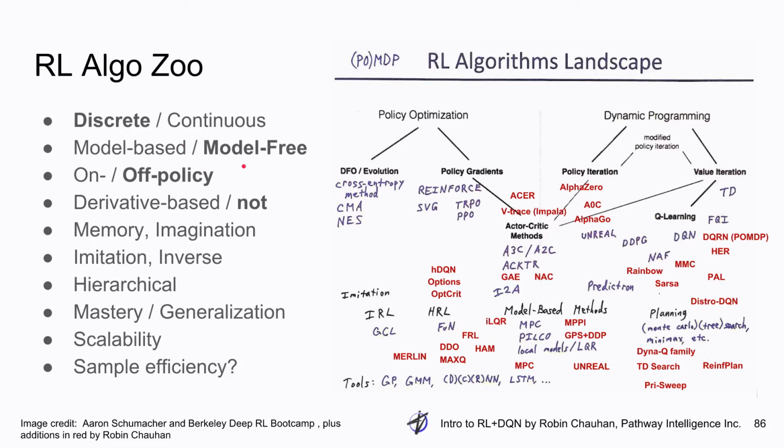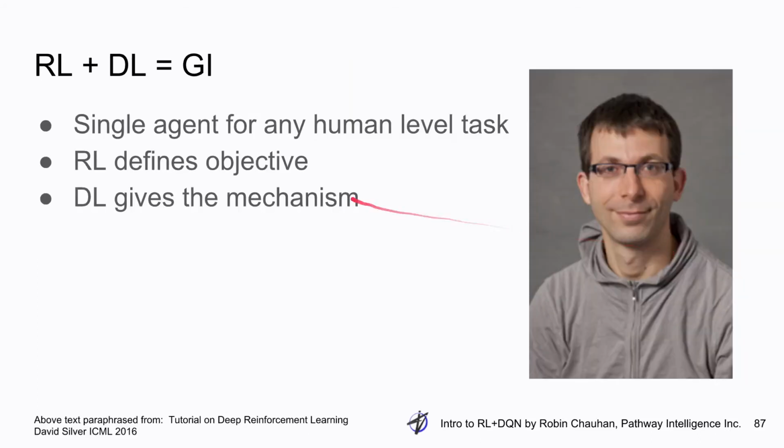It's model free. It doesn't have a model of the environment, it doesn't know what the environment is doing. It's off policy, meaning epsilon greedy is not greedy, and it's not based on derivatives. The policy gradients have all this other math that we don't have to get into. DQN is relatively simple in that way.